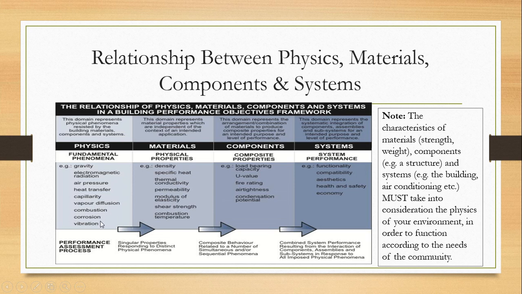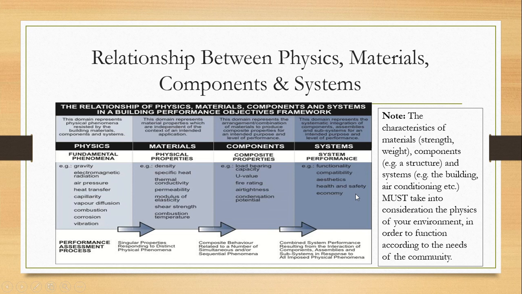If you're talking about corrosion and combustibility, you're looking at other issues such as thermal conductivity, combustion temperature, directly related to the combustion phenomena here, and then you go across here to composite properties, the components. Again, you're looking at things like fire rating. So notice we're relating it right across in the context of fire. And then how does it affect your system? Of course, health and safety would be a big issue here, in terms of fire safety.